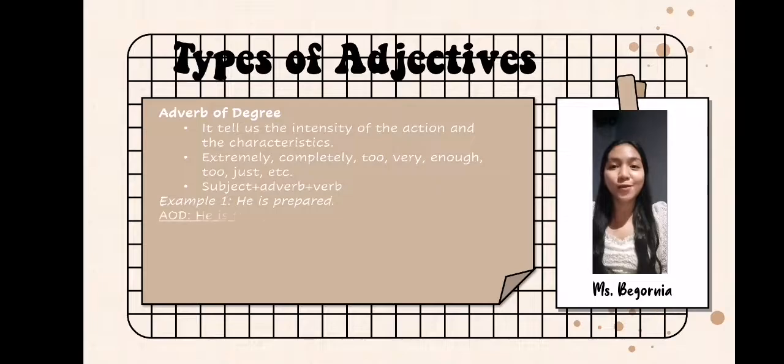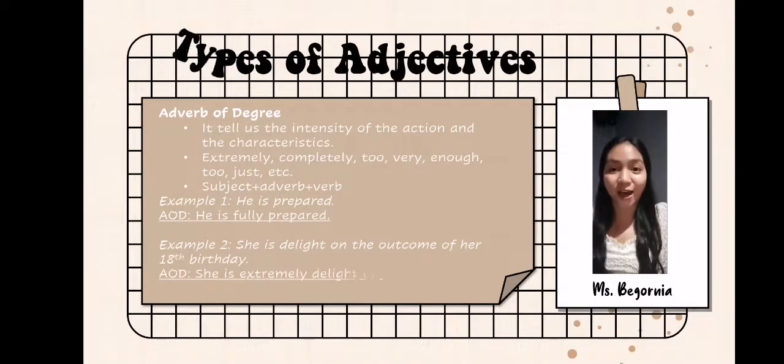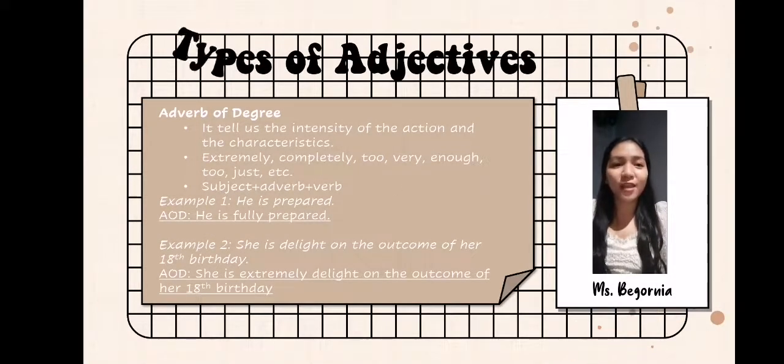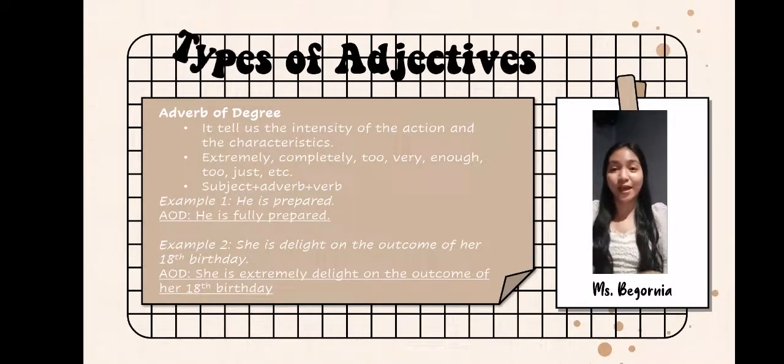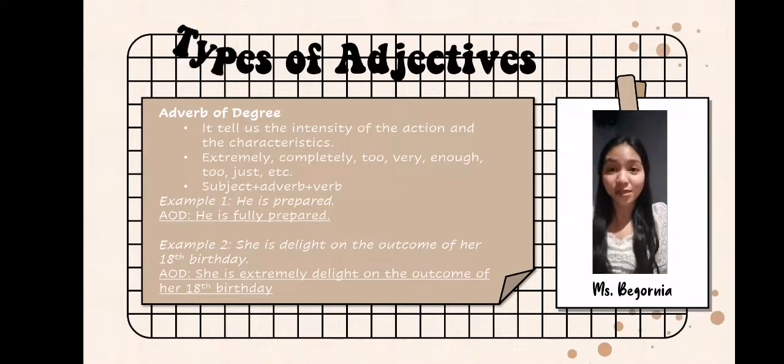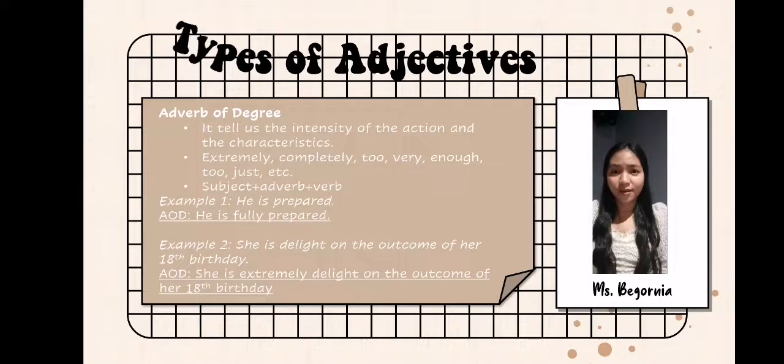The third type of adverb that we have is the adverb of degree, wherein it tells us the intensity of the action and the characteristic. Ano ba yung sukat o bigat ng isang pagkilos? So here is my example. He is prepared. Gaano ba siya ka-prepared?